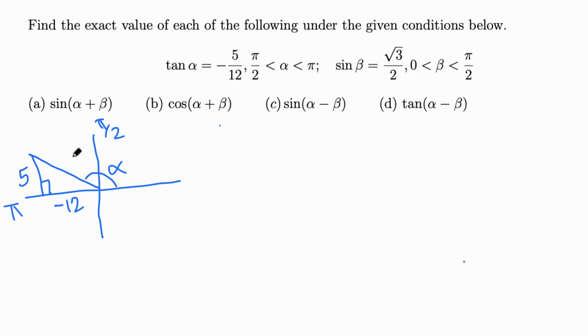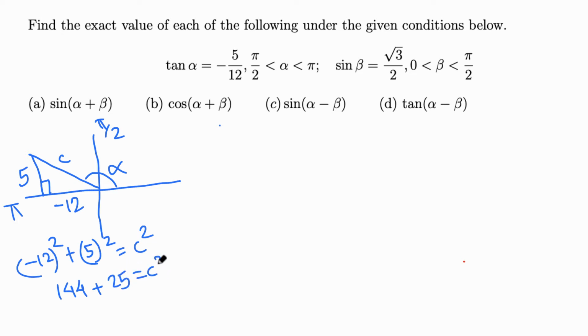So -12 squared plus 5 squared is c squared. -12 times -12 is 144, plus 25 equals c squared. 169 equals c squared. Taking the square root of both sides, c is 13. We just found the hypotenuse to be 13 using the Pythagorean theorem.